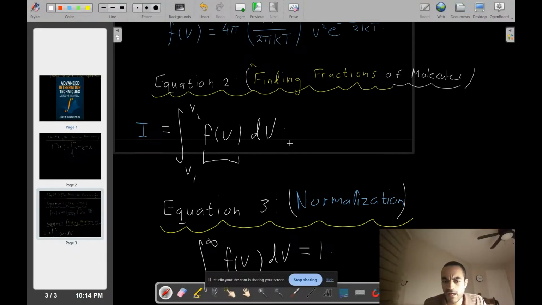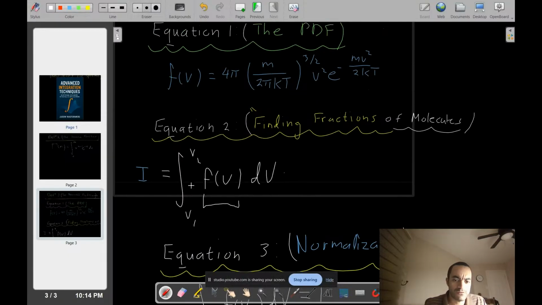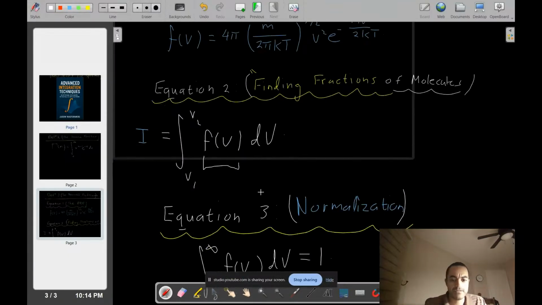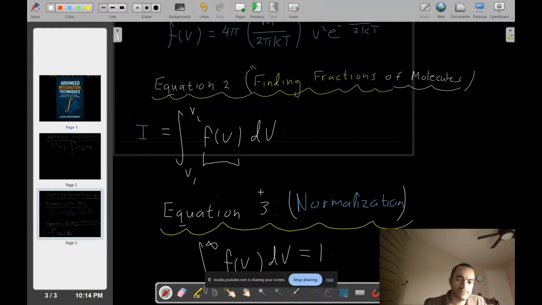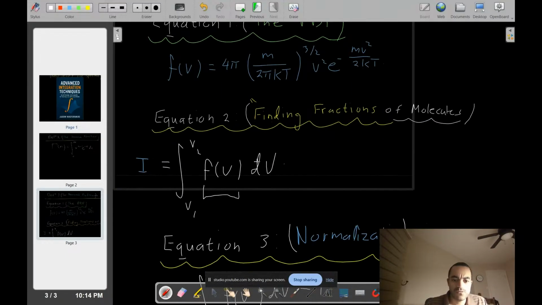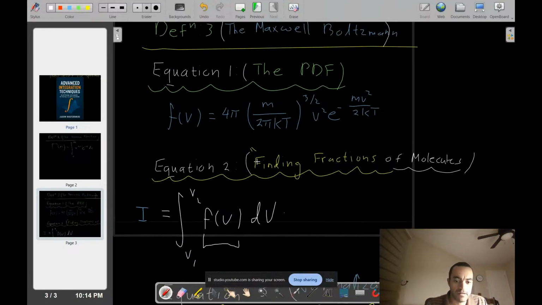Now, that's what this gives us. So we integrate from v1 to v2 of f of v dv. Again, v is the speed, not volume, speed. And so that's one of the equations that we deal with, where we have to integrate over the PDF.